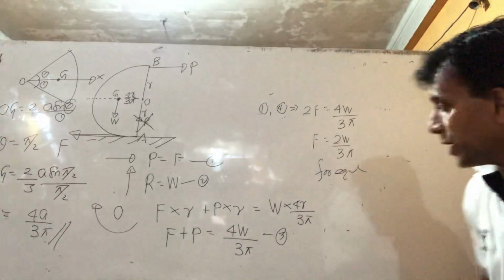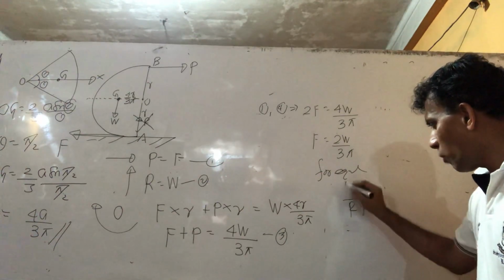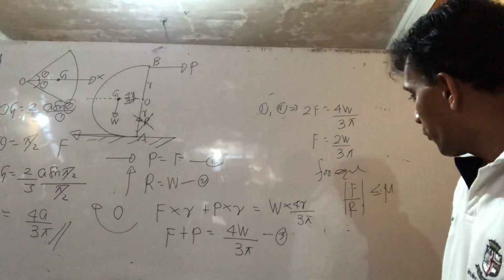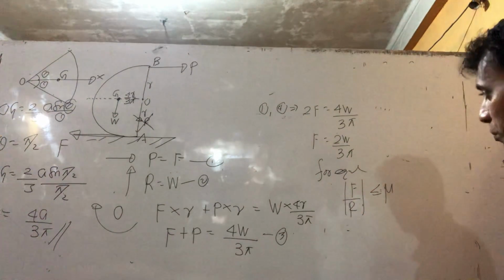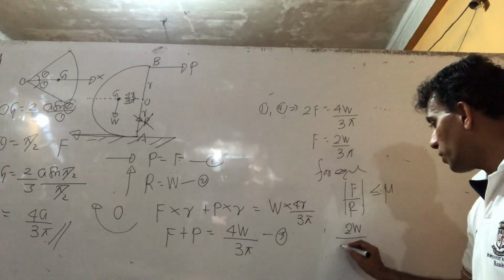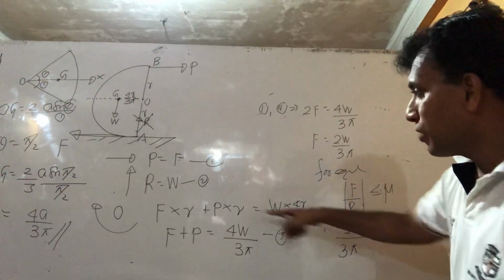Then write a statement for equilibrium: for equilibrium, F over R, sometimes we put a mod also. In some questions the mod is important, positive. F over R is less than or equal to mu. What is the F value? 2W over 3 pi. What is the R value?